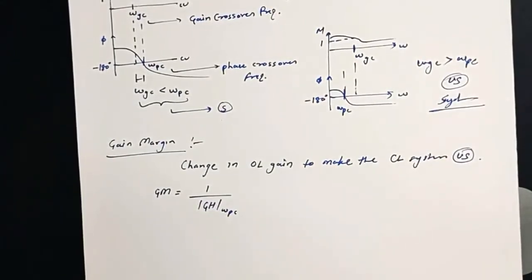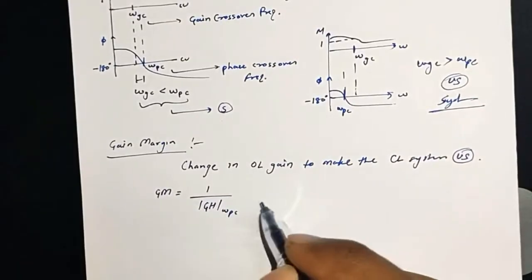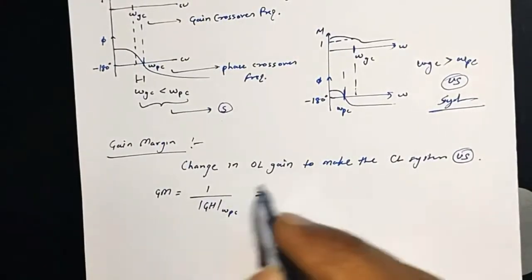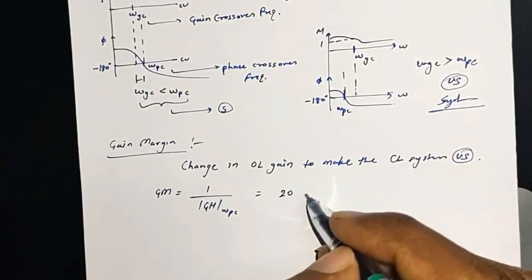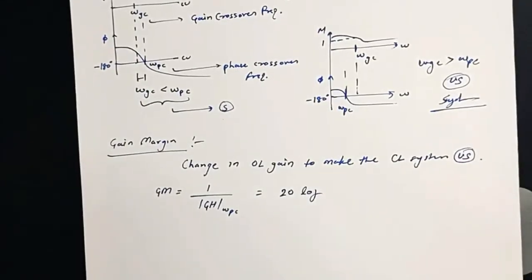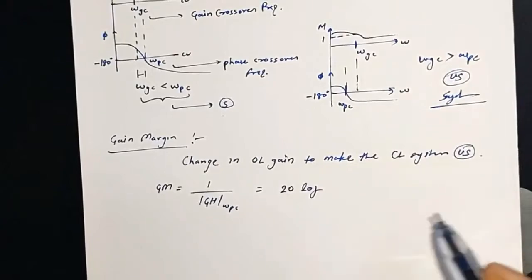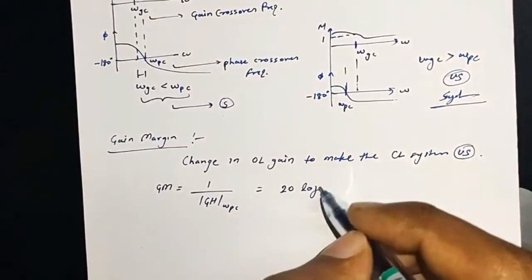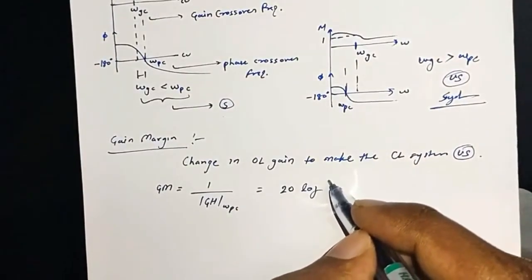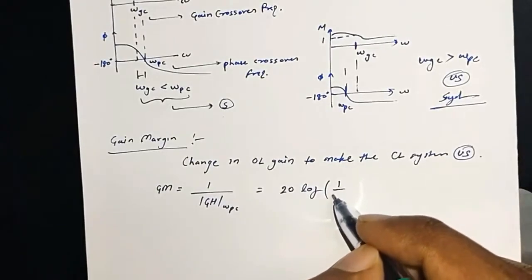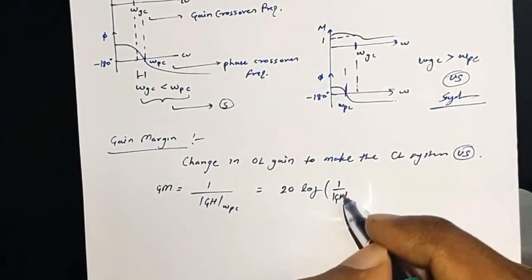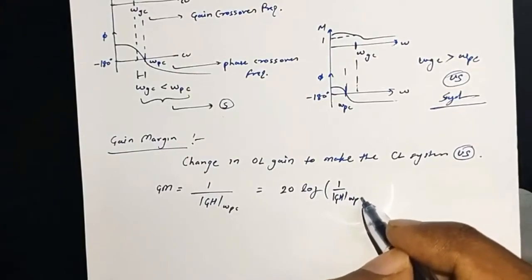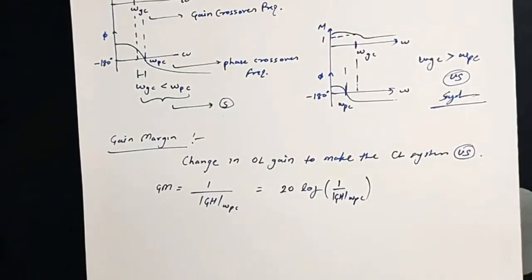We will do questions on this gain margin and the phase margin to understand these formulas in a better way. Now, if you want to calculate the gain margin in dB, then for that we have to multiply this with 20 log and take the log of this linear value.